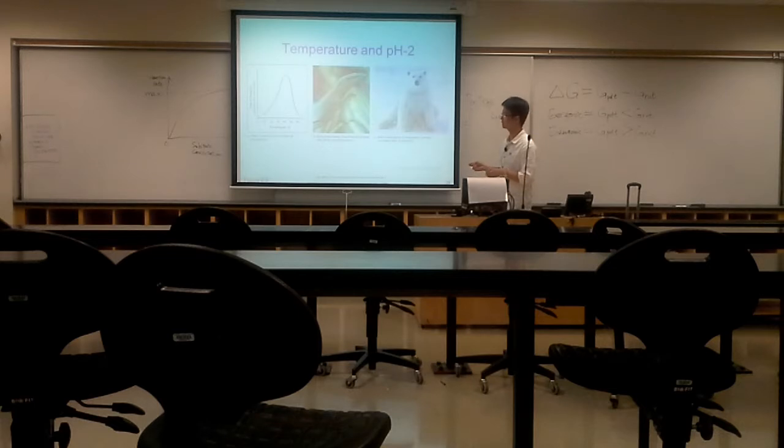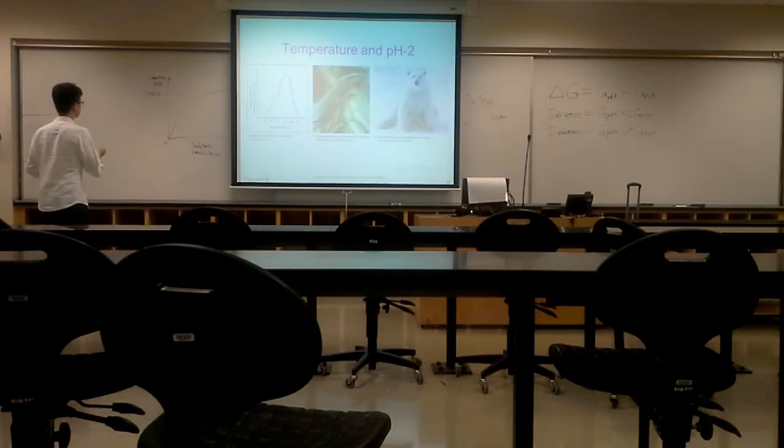So the curve looks like this. It is a similar curve. So this curve is basically similar to this. The y-axis is the rate of reaction. The x-axis, instead of the substrate concentration, is the temperature. So you can see that as the temperature increases, the reaction rate also increases, but up to a certain point.